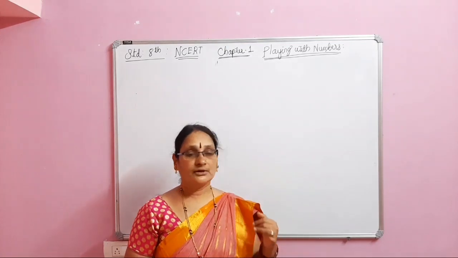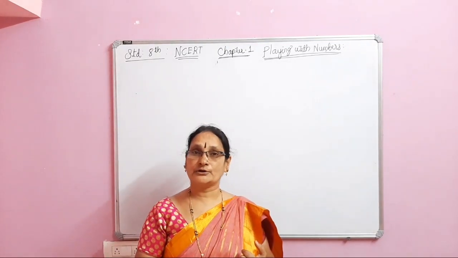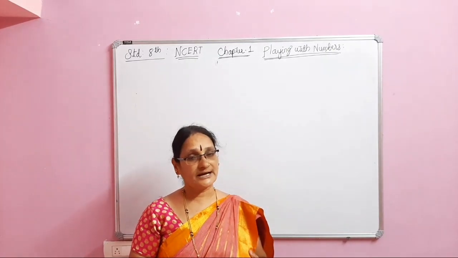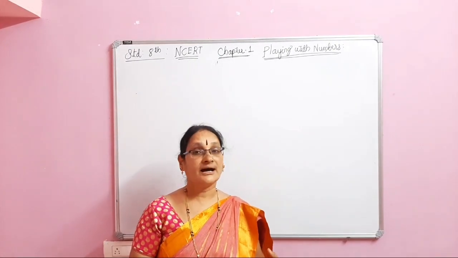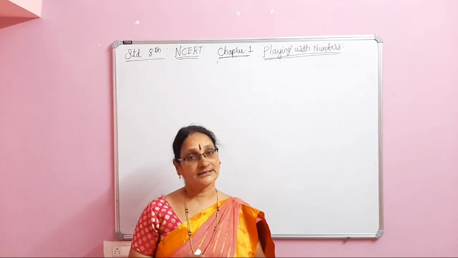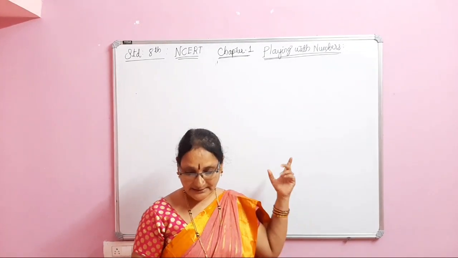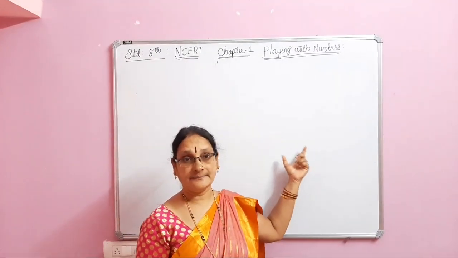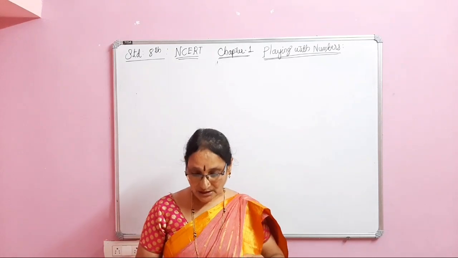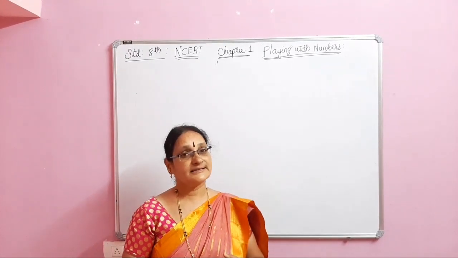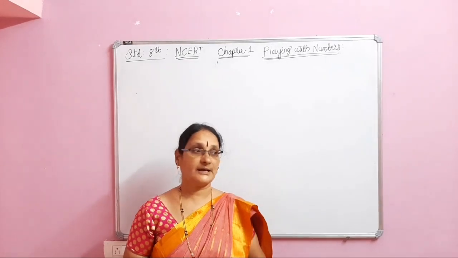Natural numbers are denoted by N, whole numbers by W, integers by either Z or I, and rational numbers by the capital letter Q. These are all in the number system, and they are very important. In this chapter we are exploring some more points about those numbers.